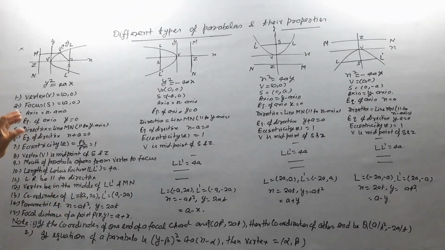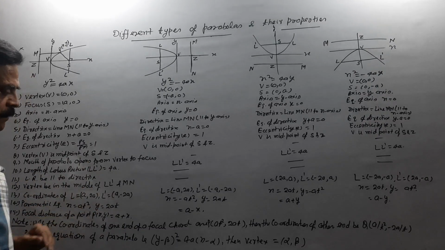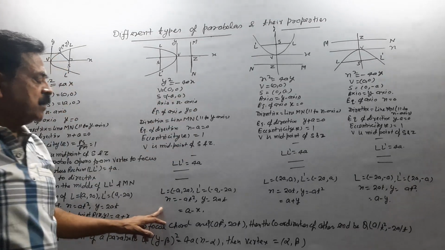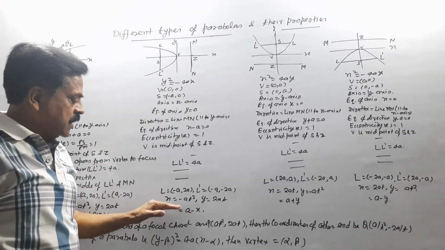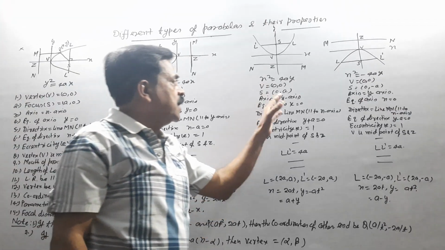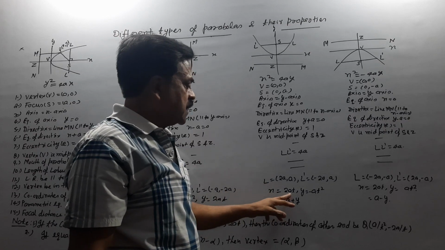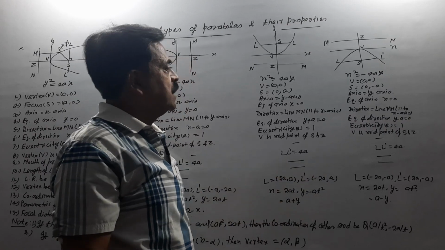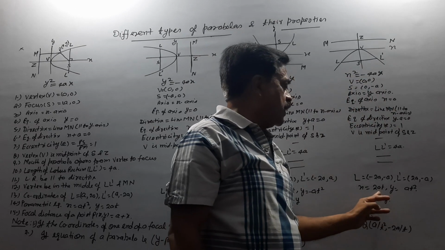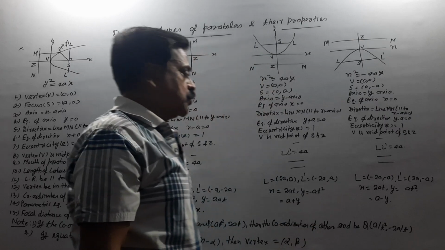Both together give the parametric equation of the parabola, where t is the parameter. In the second case, if the Cartesian equation is y square equals minus 4ax, then x equals minus a t square, y equals 2at. In the third case, if the Cartesian equation is x square equals 4ay, then x equals 2at and y equals a t square. In the fourth case, for x square equals minus 4ay, the parametric equations are x equals 2at and y equals minus a t square.